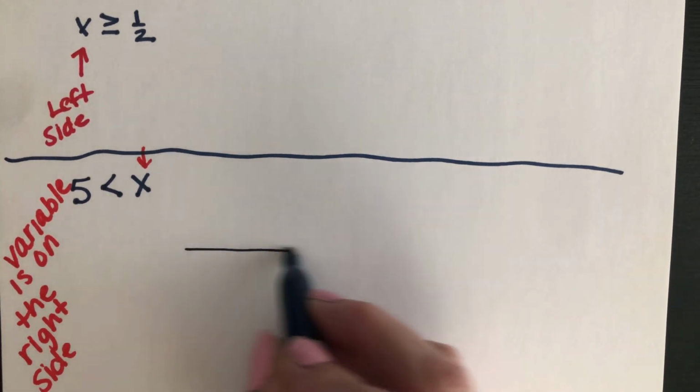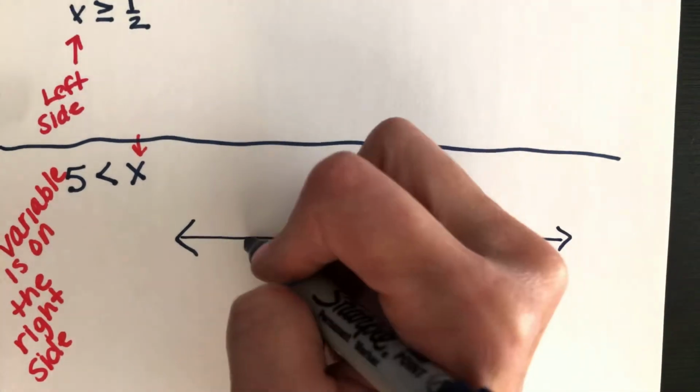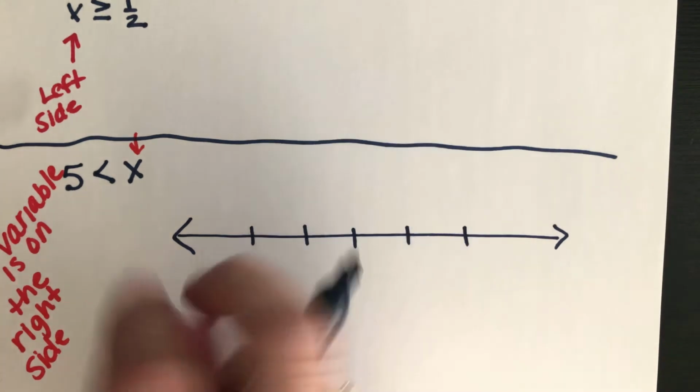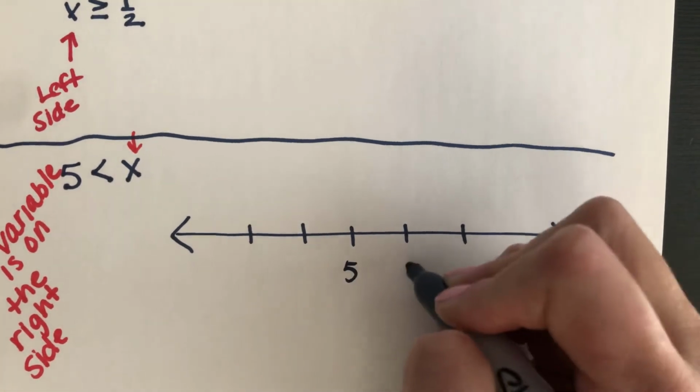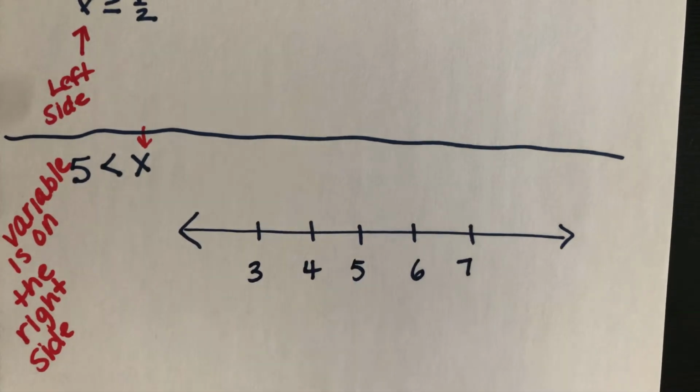I'm going to go ahead and draw my number line just like I would with any other one. My 5 little slash marks, and then I have 5 as my number, so I'm going to do 5, 6, 7, and then 3 and 4, just like I did when the variable was on the left side, but now it's on the right side.